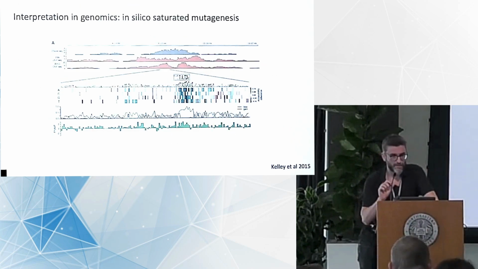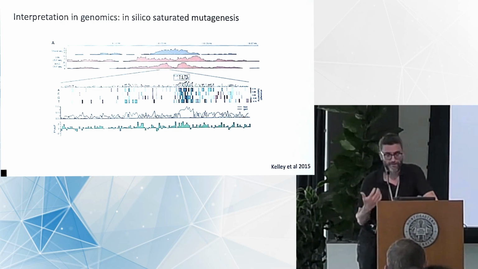genomic neural networks. Another thing people have used in genomics is to use them as tools for interpretation of other data sets.